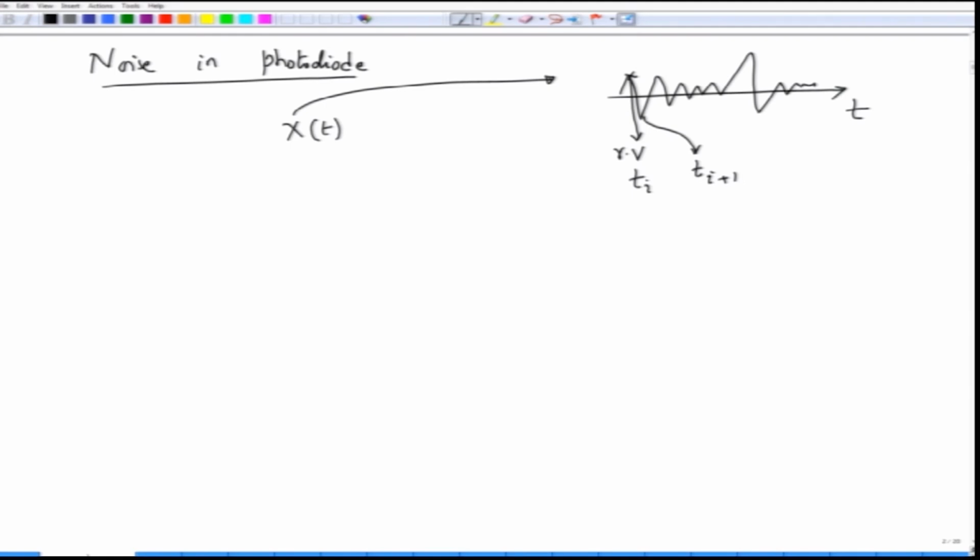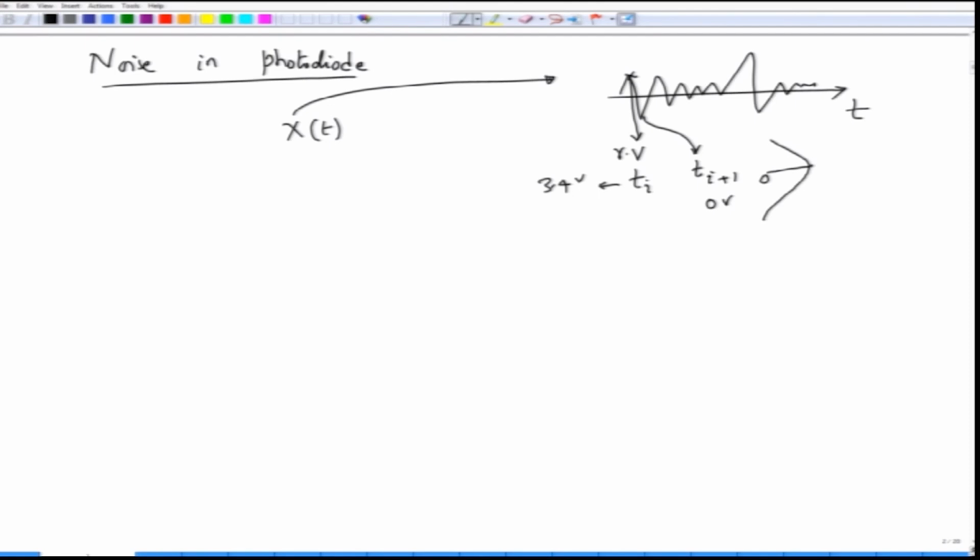Of course, it can be continuous, I am just showing you the idea in terms of the discrete ones. So, I cannot tell you what exactly the value at ti plus 1 is. Suppose this amplitude is 3.4, I cannot tell you what the amplitude at ti plus 1 will be with 100% certainty. Rather, there is essentially a probability distribution of the values. Suppose the probability distribution is centered at 0, which means that most likely next time you are going to get 0 volt, assuming that this is a noise voltage which we are measuring.